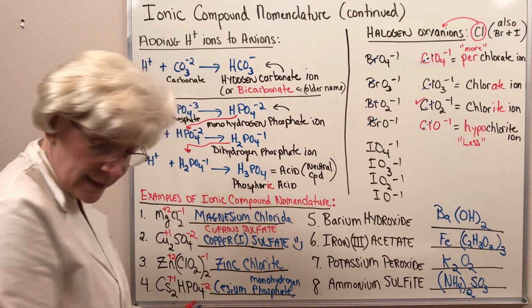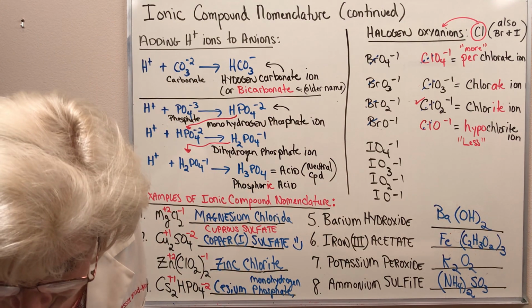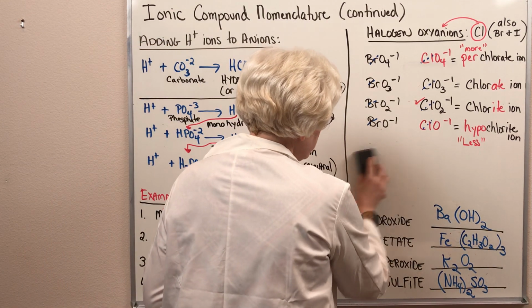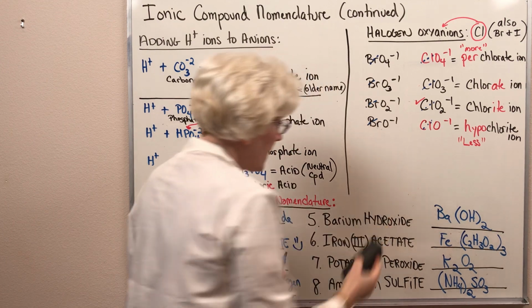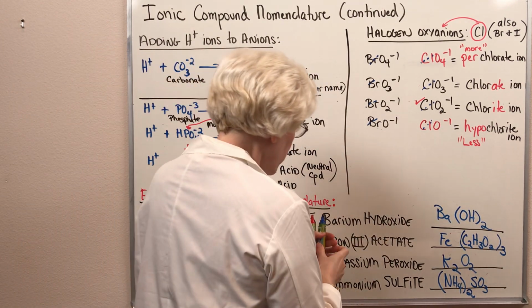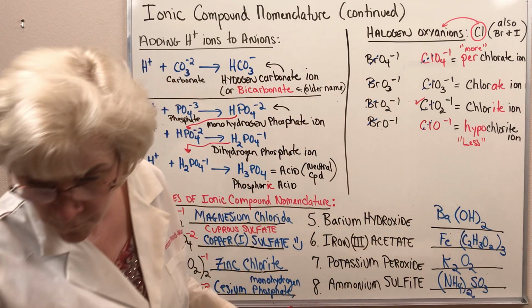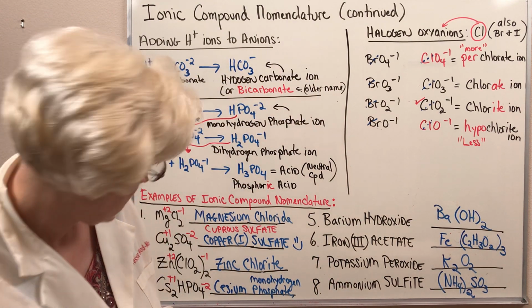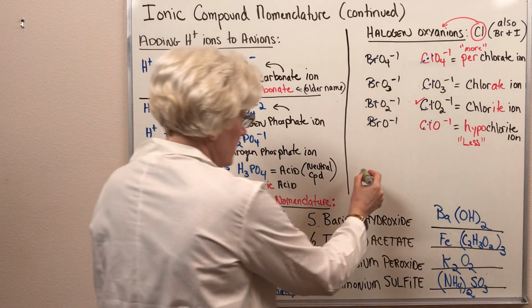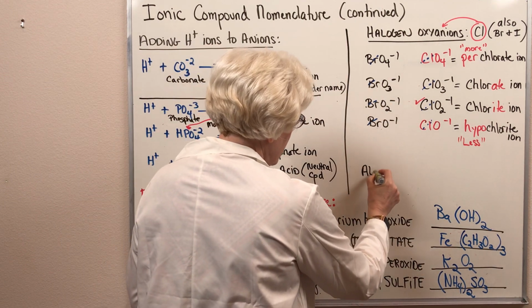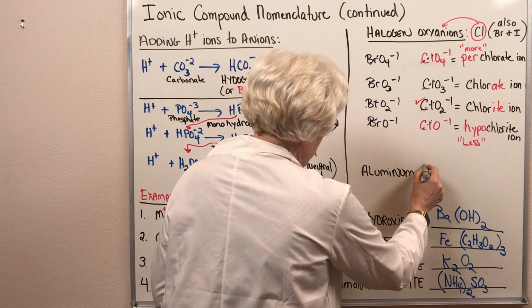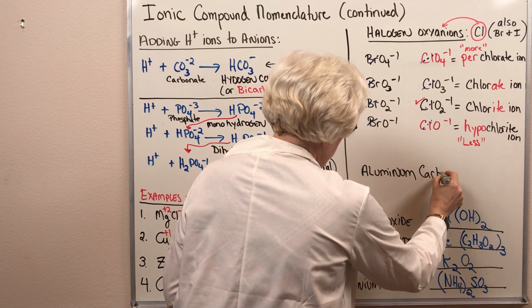And before I leave, let's maybe squeeze in here one last example. Let's see if we can't write the correct formula for the compound aluminum carbonate. So let's squeeze one more example in. Aluminum carbonate.